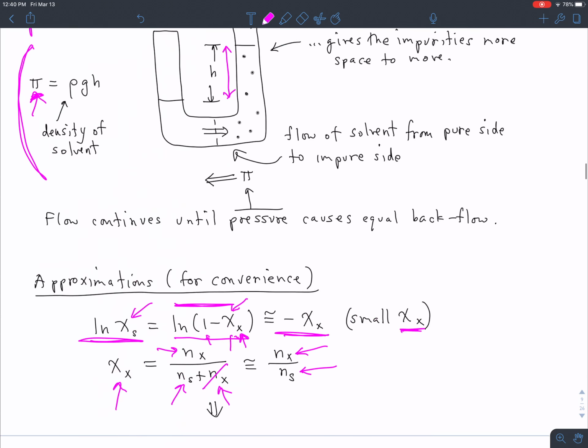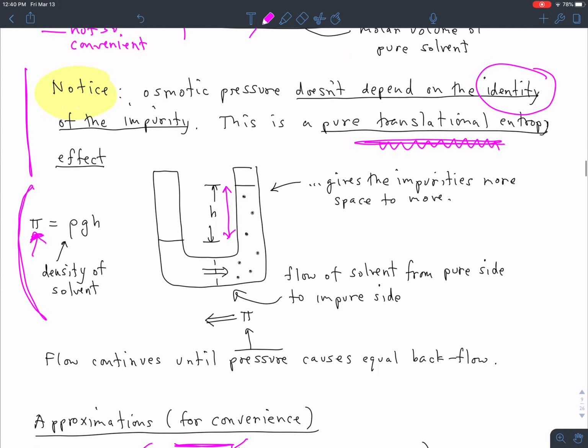All right, going back up here now, I tell you that the pressure difference between the two sides, pi, is equal to the height difference times the acceleration due to gravity times the density of the solvent in question. That makes sense, right?